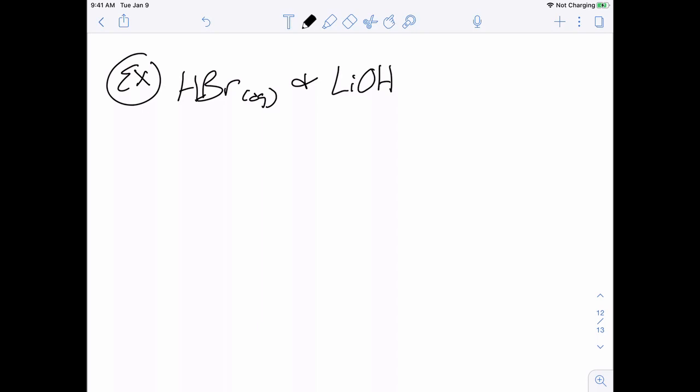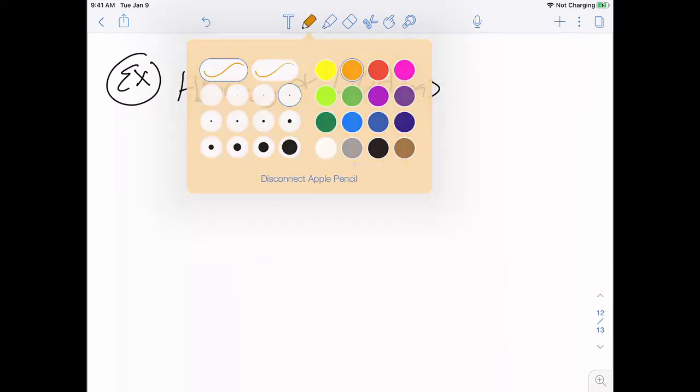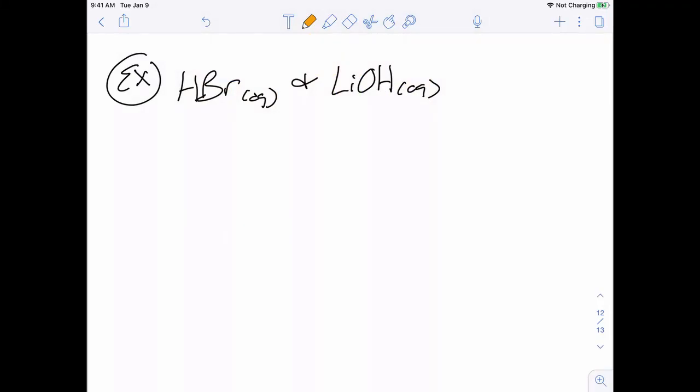We're going to write our balanced chemical equation. We're going to write our ionic equation and our net ionic equation. So the first thing you should do is identify whether or not your acid is strong or weak. And HBr is one of the 7 strong ones, so it is a strong acid.